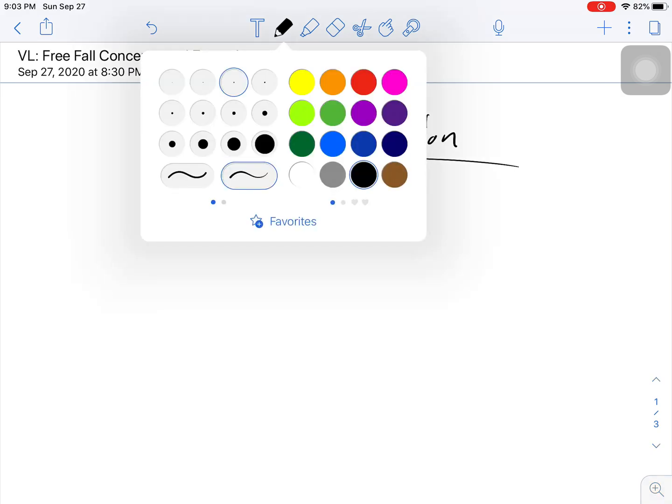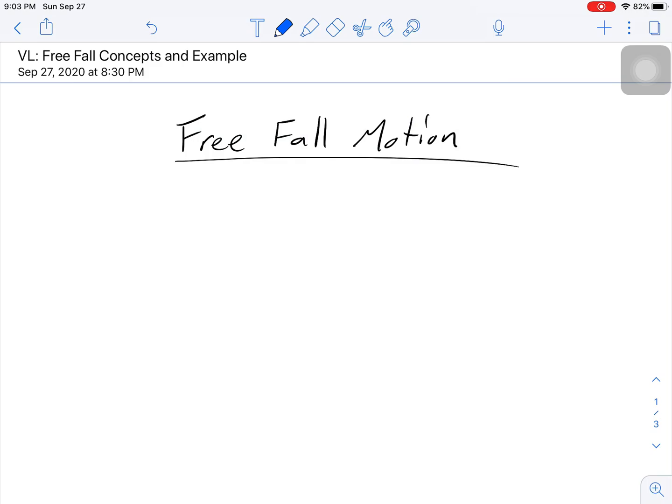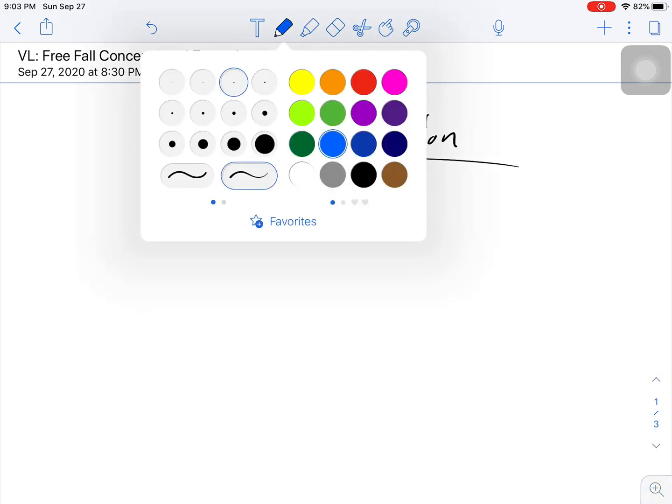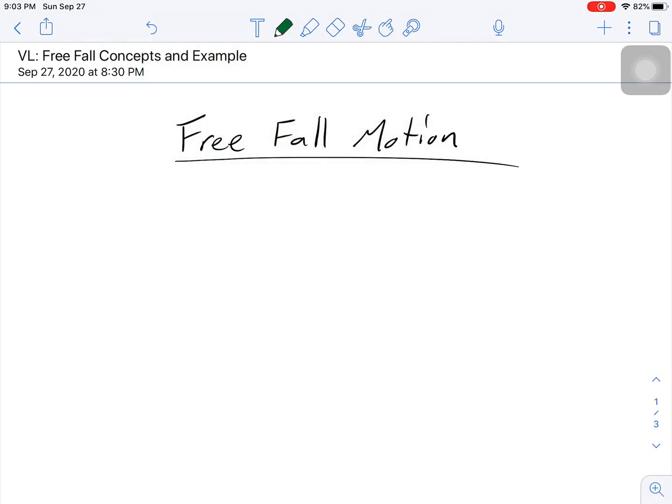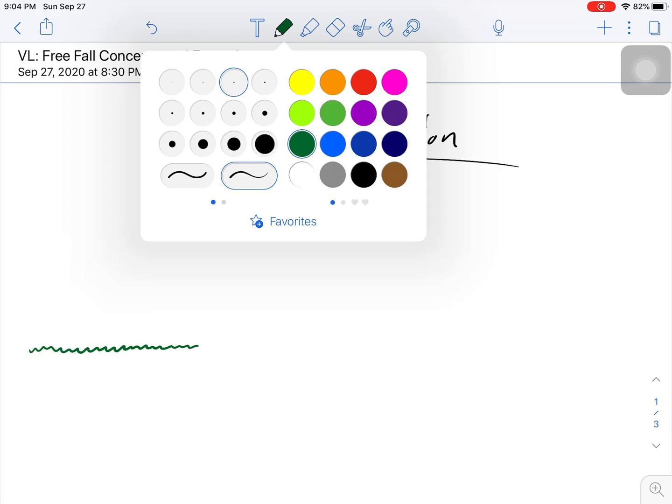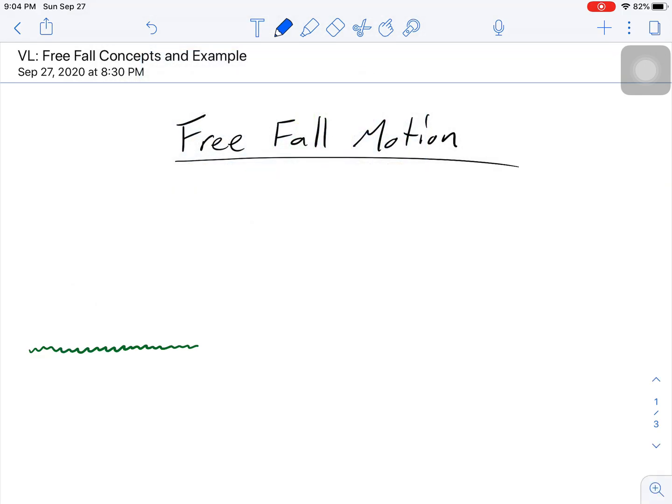So let's say we take an object and let's go ahead and, I don't know, we'll draw some grass right here. Right, so there's some grass and arbitrarily some blue ball starts on the ground and it gets somehow projected straight up in the air.